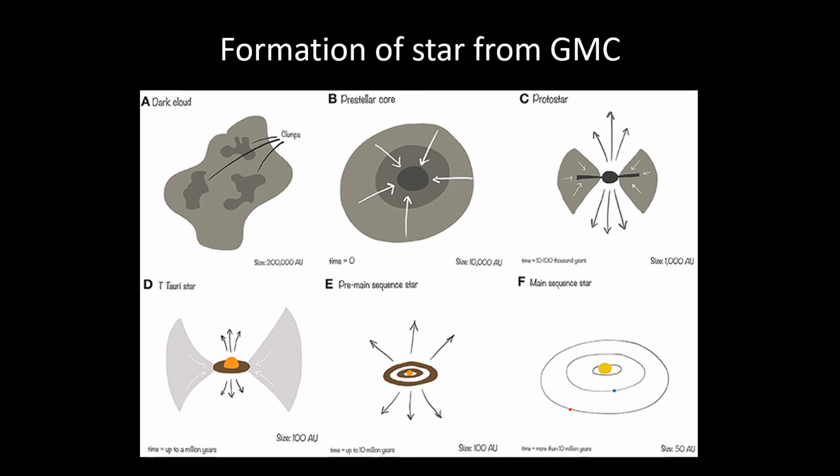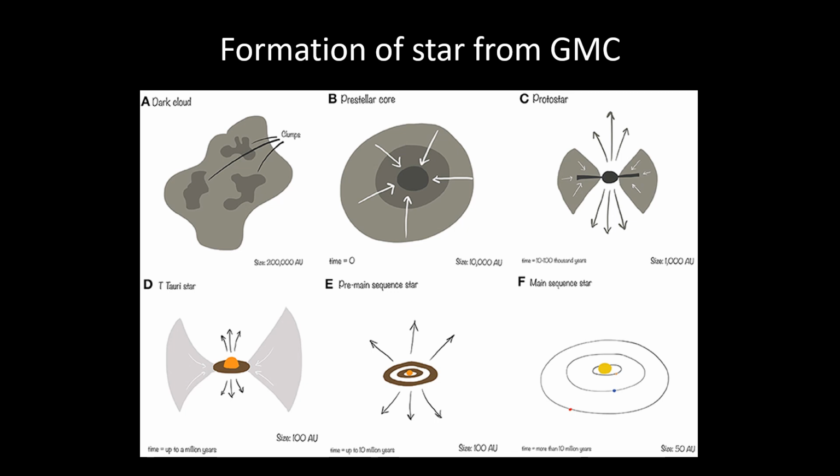The T-Tauri star is a class of variable stars that are less than about 10 million years old. This class is named after the prototype T Tauri, a young star in the Taurus forming region. The T Tauri stars are pre-main sequence stars in the process of contracting to the main sequence. So basically, the T Tauri star is an intermediate stage between the pre-main sequence star and the main sequence star.